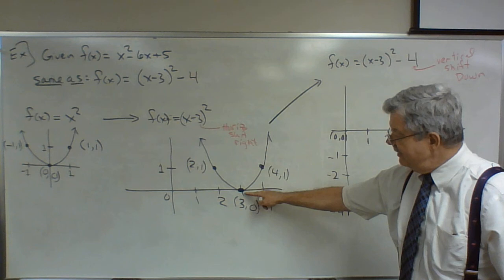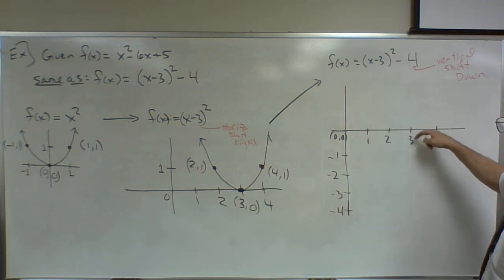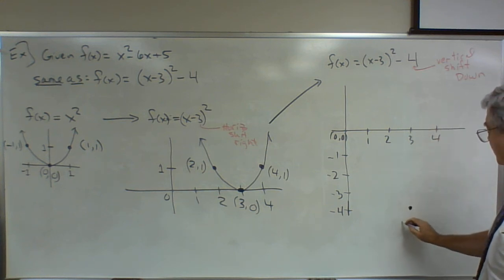This point, which lays on the x-axis, gets moved down 4 points from 3, 0 to 3, -4.